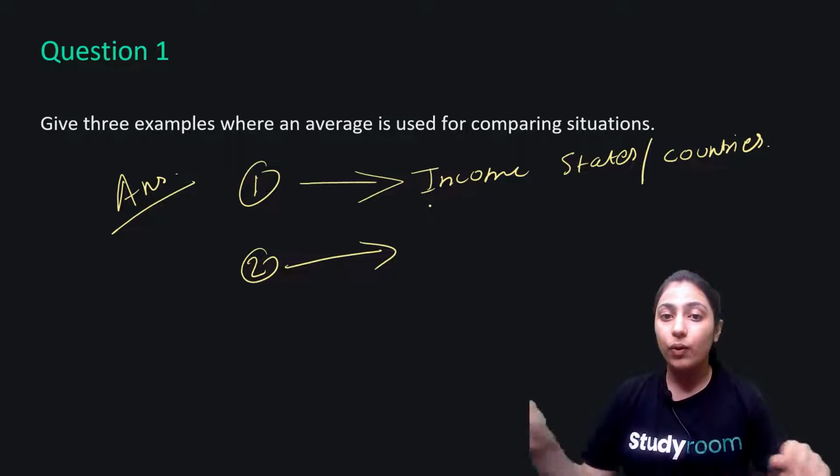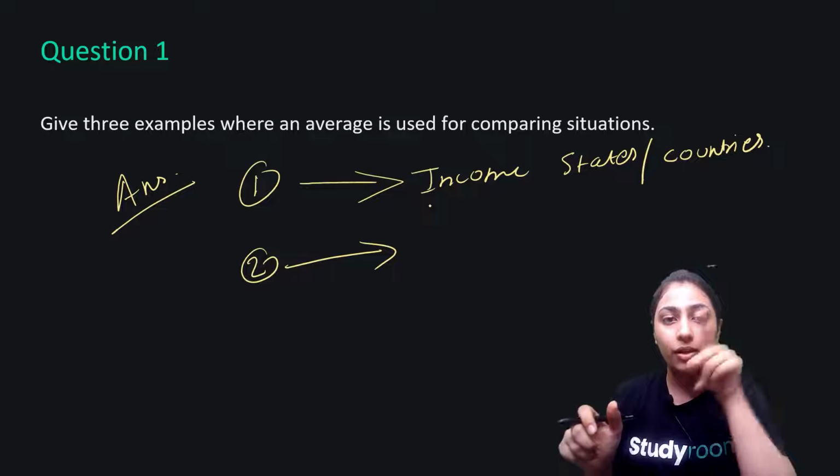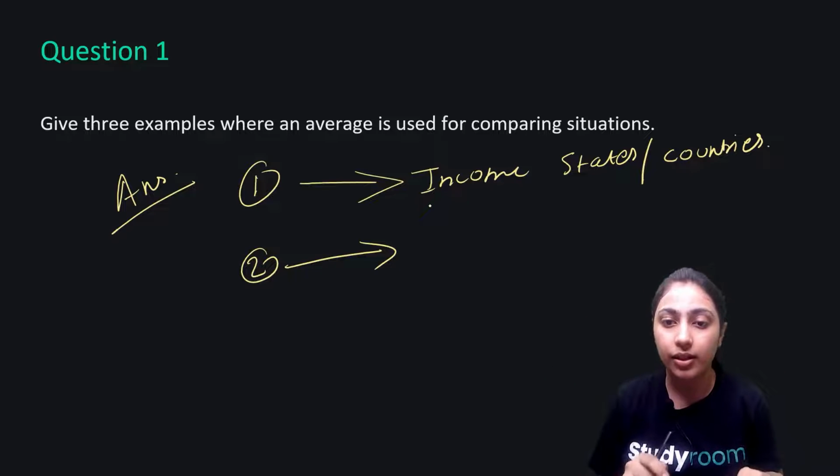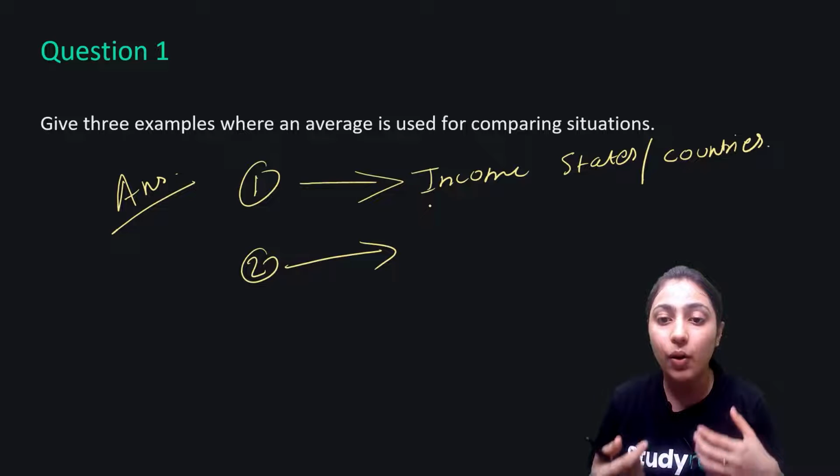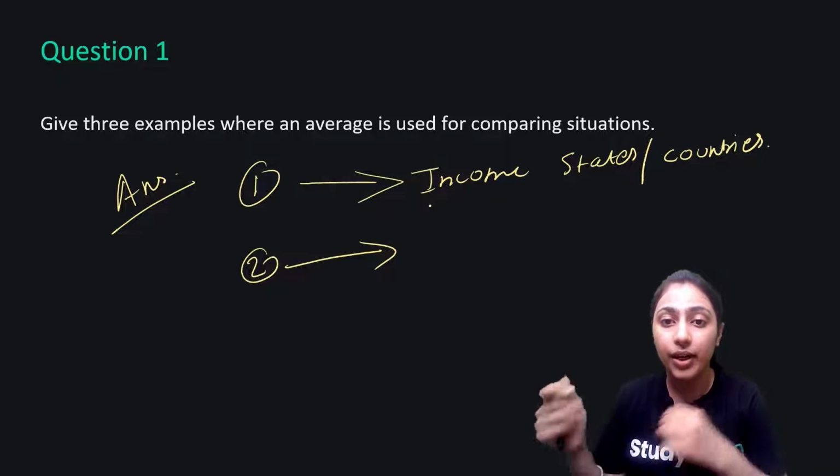So we will not go door to door and check how many males are there, how many females are there, right? This is also an example where we always use the per capita income.